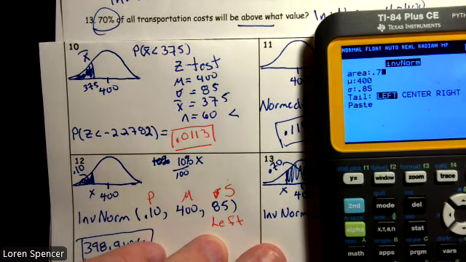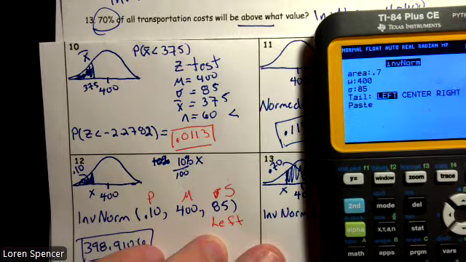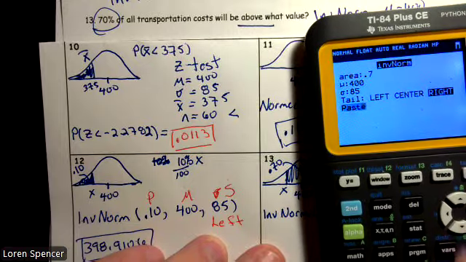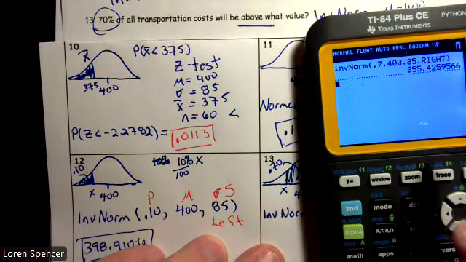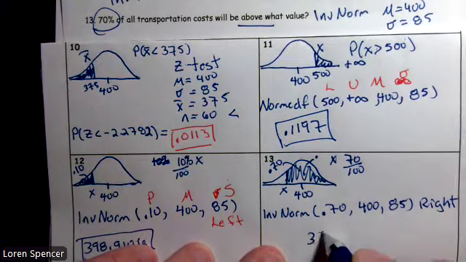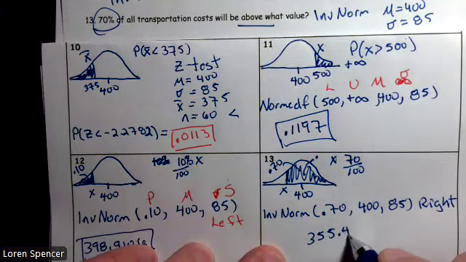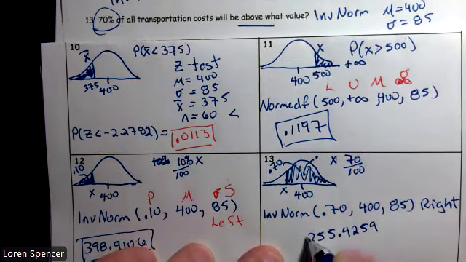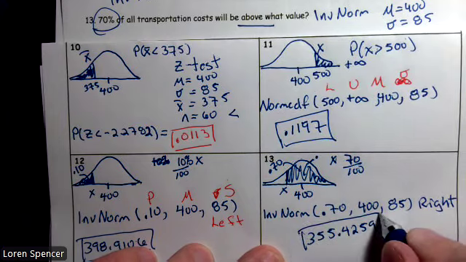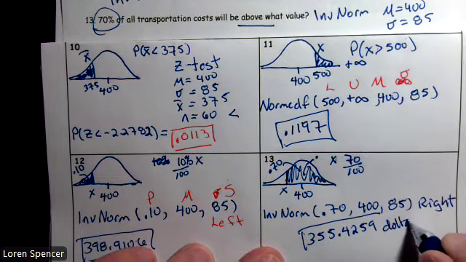The area 0.7, the mean 400, the standard deviation 85, shading from the right. And we end up with 355.4259. We need to box that in. And actually, this is in dollars, so we could put a dollar sign by it, and that'd be pretty good.